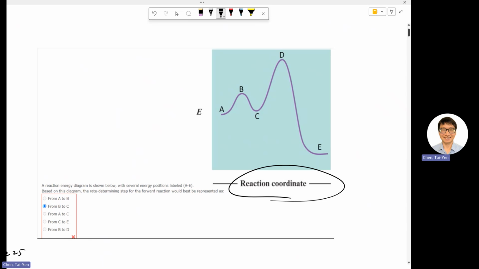So A is your reactant and E is your product. It is asking which step represents the activation energy. How do you identify the step that's going to dictate your activation energy?